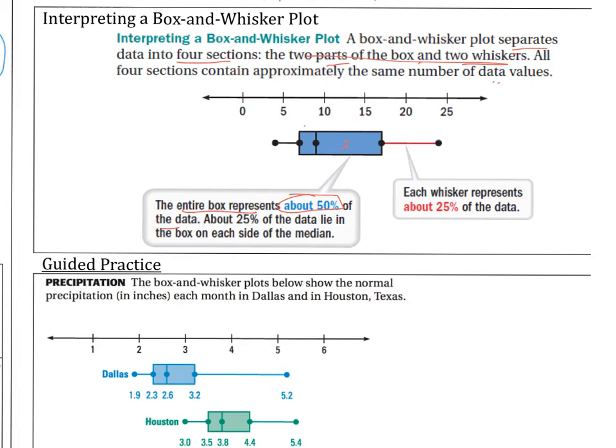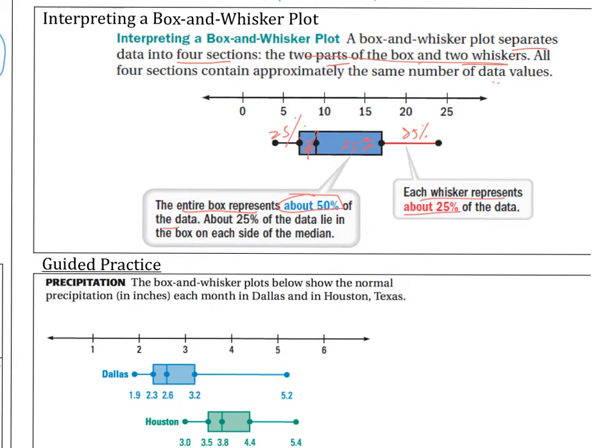So that means 25% for each part, and each whisker represents about 25%. So this is 25%, this is 25%. It doesn't matter how long your whiskers are or how wide or narrow your box is, each part represents about 25% of the data.